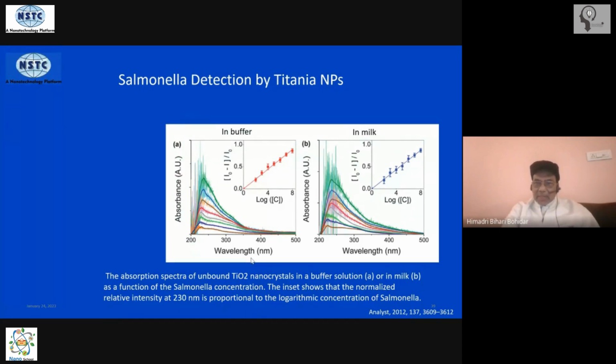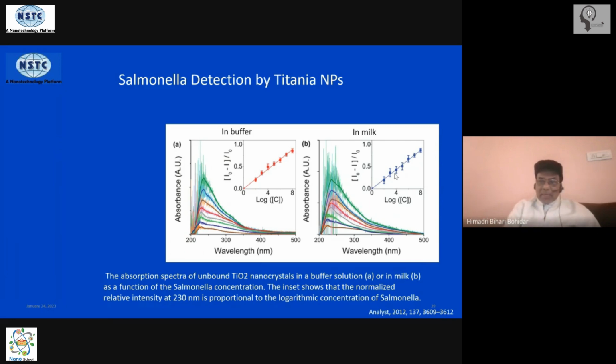The iron nanoparticle concentration has been fixed, and you see with the buffer, there's a linear increase in normalized value with the concentration of the analyte. This same experiment was done in milk, and you see the concentration of the salmonella increasing linearly. And from the absorption value, it is easy to find out what is the concentration of the salmonella present there.